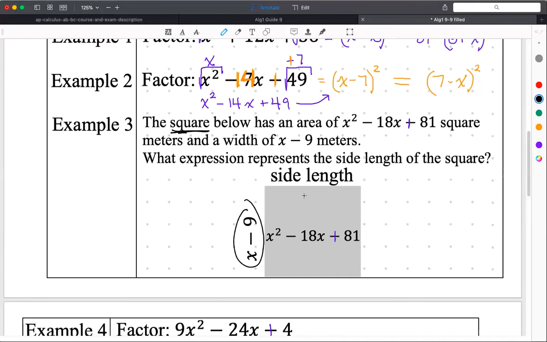If you have x minus 9 and it's a square, that means this length and this length must be the same length. Okay, so that means that is x minus 9. Exactly, x minus 9. And we can verify that by multiplying out x minus 9 times x minus 9, and we will get x squared minus 18x plus 81. If you want, you can FOIL it out and check that.